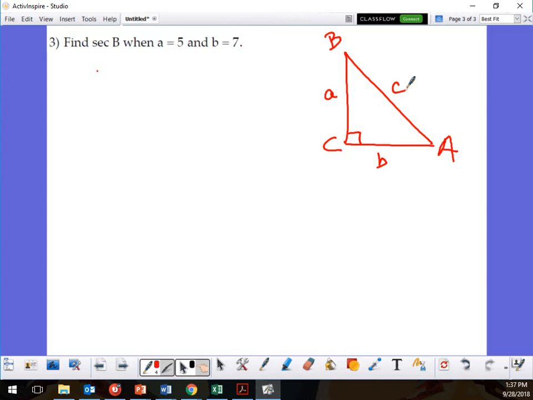So little a is 5, little b is 7, and little c is X. To be able to do this, I need to find the third side.